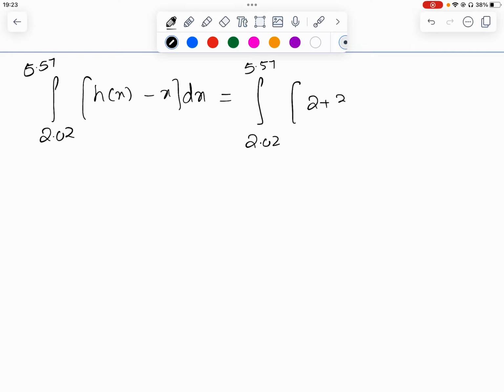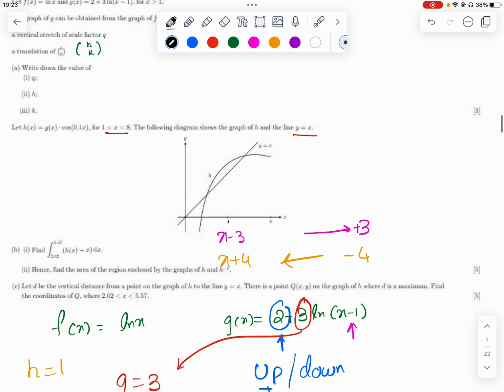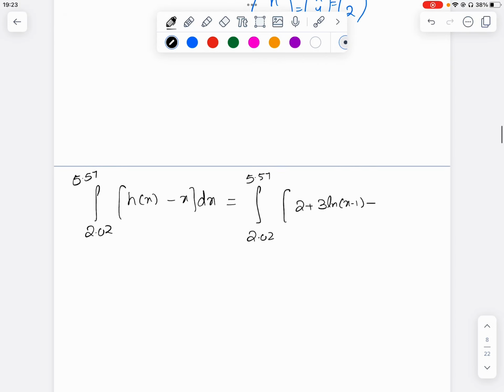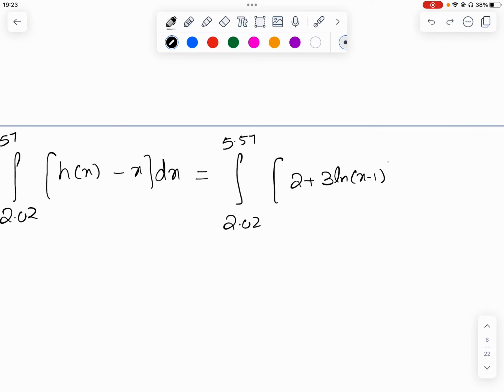H of x is 2 plus 3 ln of (x minus 1) times, because he has given that h of x is g of x times cos 0.1x. So I'm multiplying this one with cos 0.1x, then minus x, then total dx. Then use the GDC, you should be getting 2.28 as the answer.